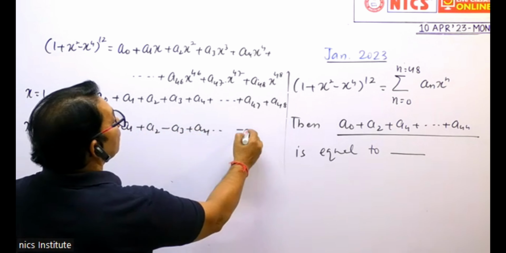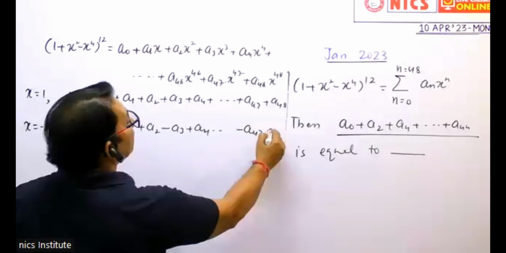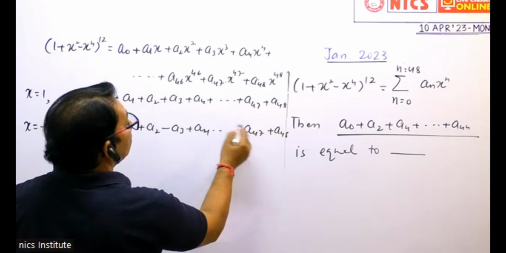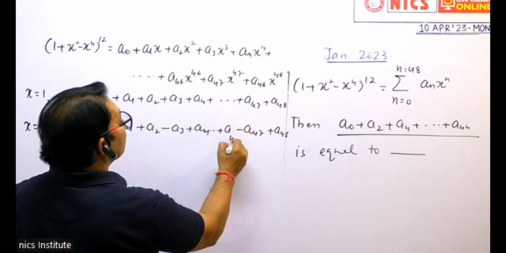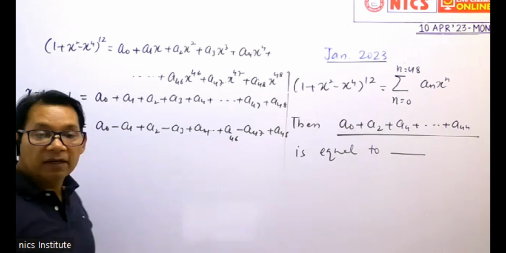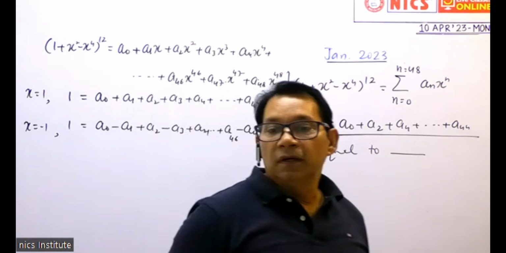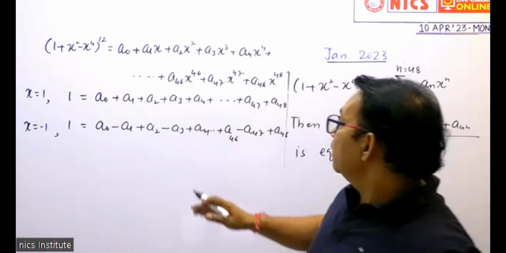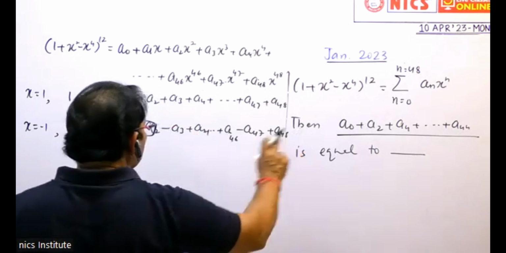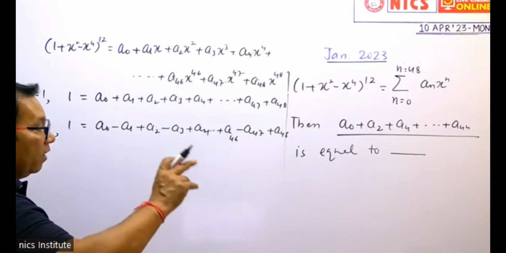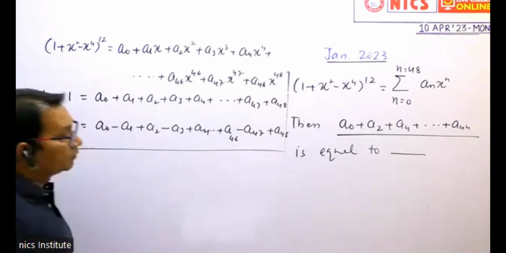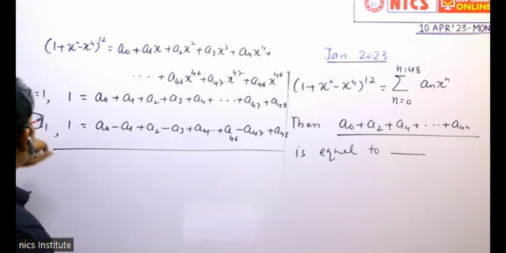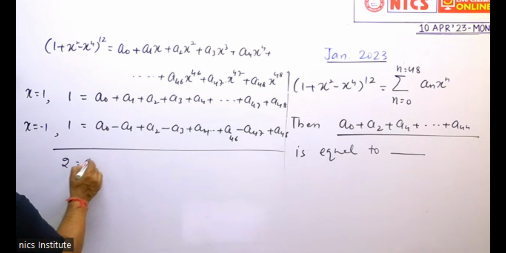This would be minus a₄₇ plus a₄₈. Before minus a₄₇, you have plus a₄₆, like that. But I want only even terms, a₀, a₂, a₄, a₄₄. So what you do? You simply add them up.